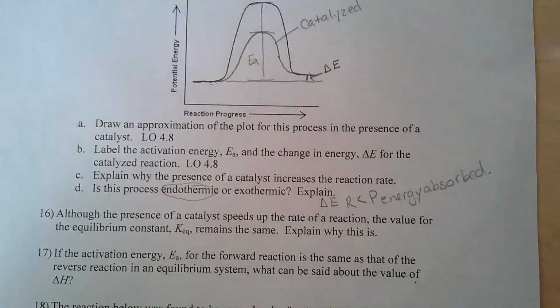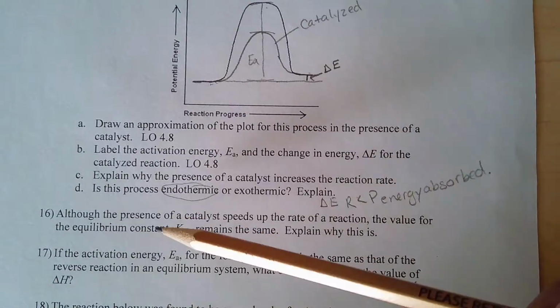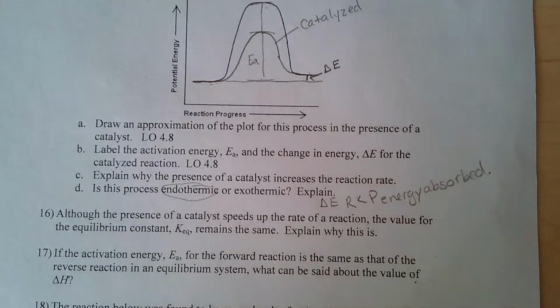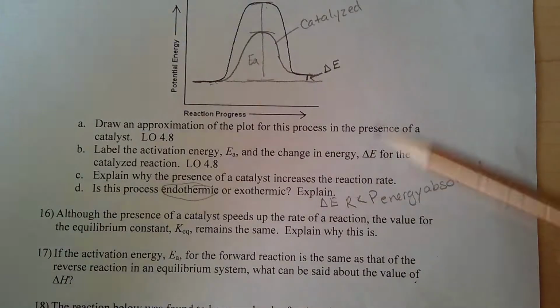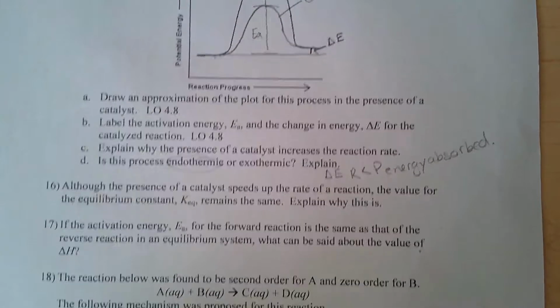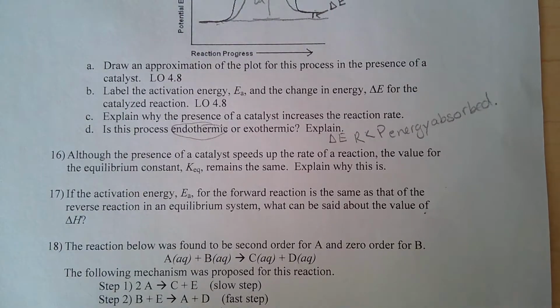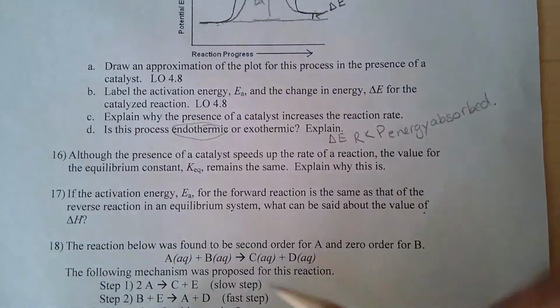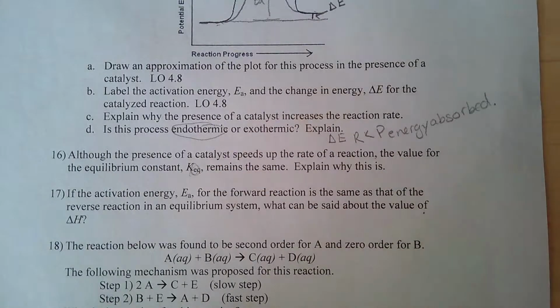16 says, although the presence of a catalyst speeds up the rate of a reaction, the value for the equilibrium constant KEQ remains the same. We haven't talked about equilibrium just yet, but it's a good little preview for the next lesson. To answer this question, again, a catalyst lowers the activation energy for both the forward and the reverse reaction. Whenever we're dealing with equilibrium, we have a forward reaction and we have the reverse reaction.